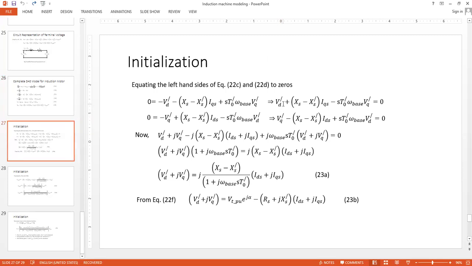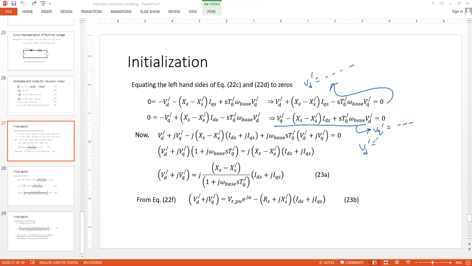So you can take the remaining part to the other side, and then you will have some expression like VD dash equals something out of this, and from here VQ dash equals something out of this.